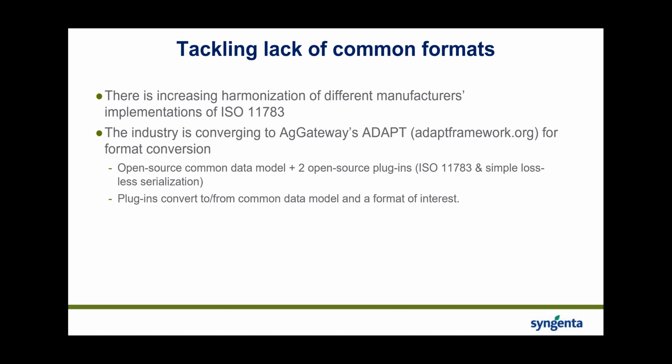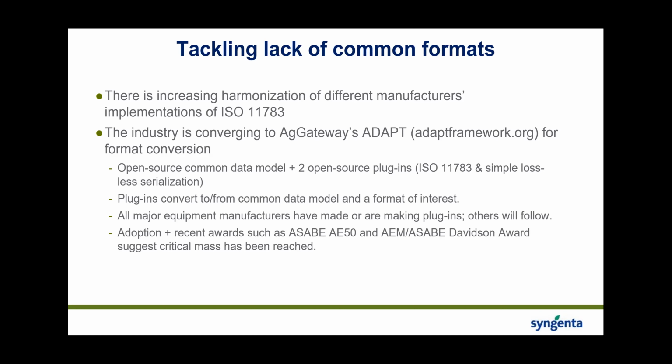These plugins convert among different formats and the common data model. All the major equipment manufacturers have made or are making plugins. Others might follow, and anyone can make a plugin really. And the level of adoption and recent awards that it's received suggests that we've reached a critical mass. So common formats is well on its way.